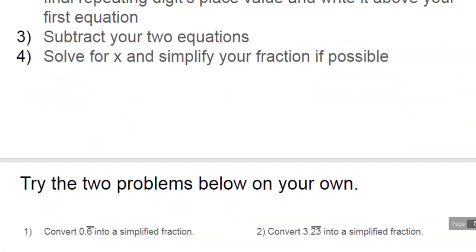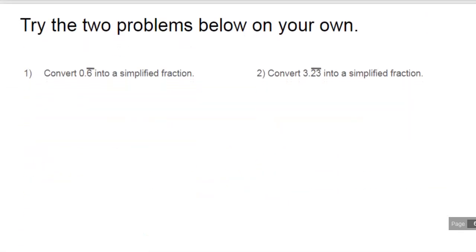All right, so then I want you to try these two on your own. So pause it and then unpause it to check your work. So on this one, we've got 1x equals 0.6 repeating. Well, this is in the tenths place, so I'm going to multiply by 10 and subtract.